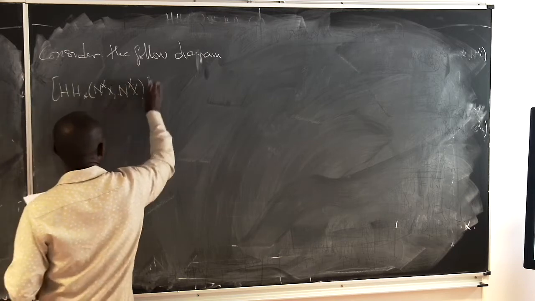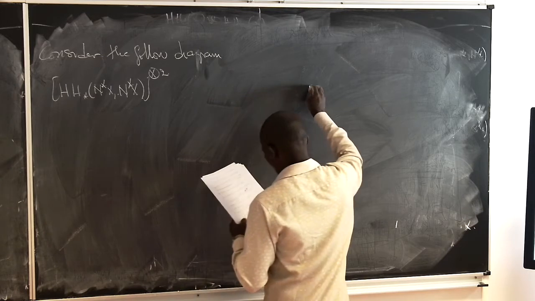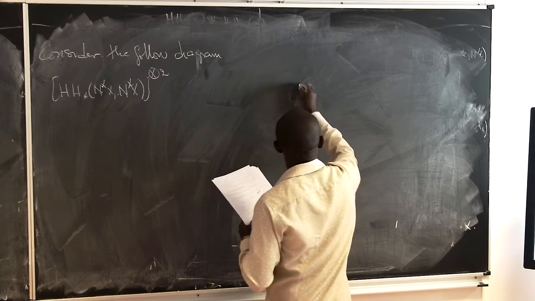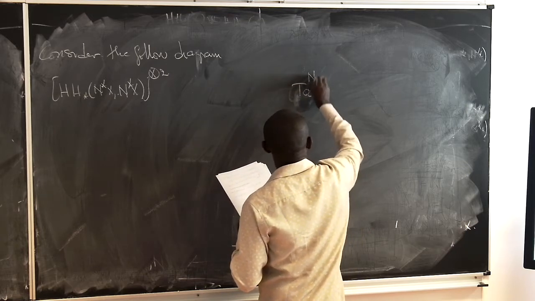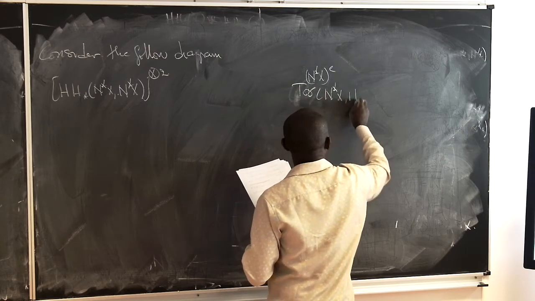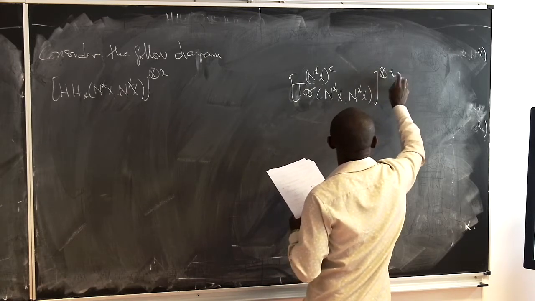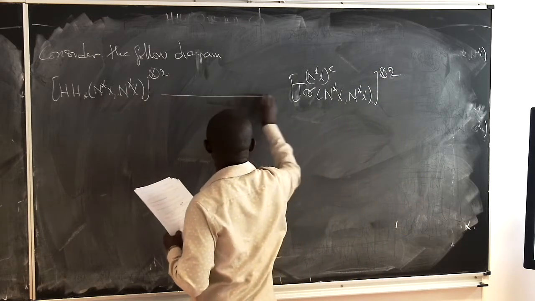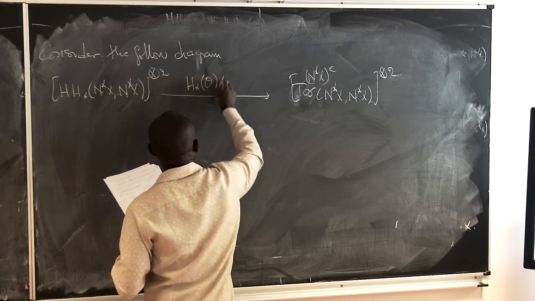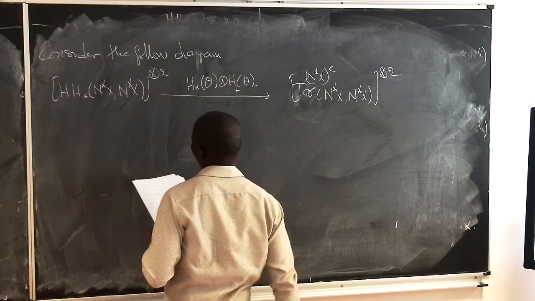We take the transfer product 2 times, and here we have the map, and you have this.